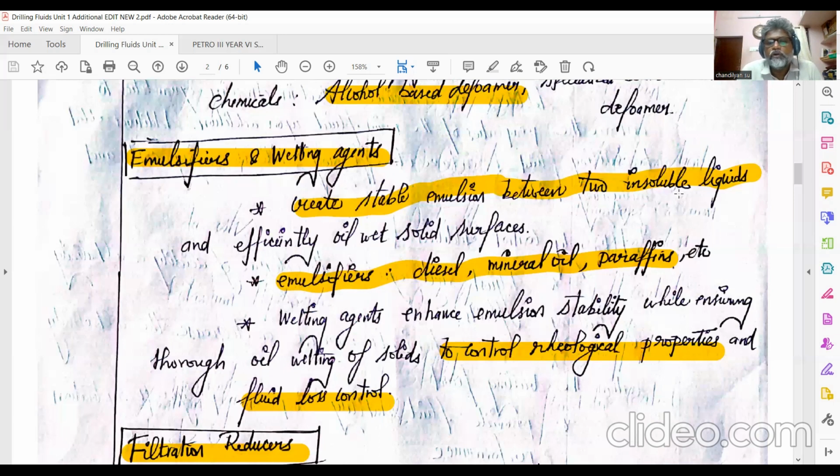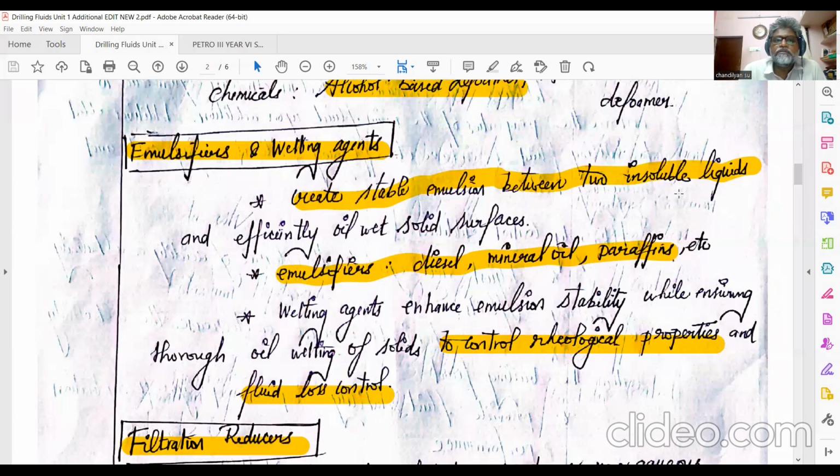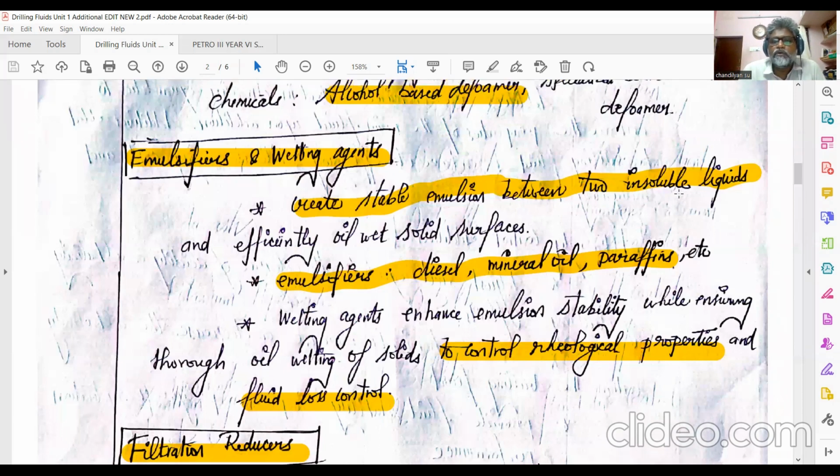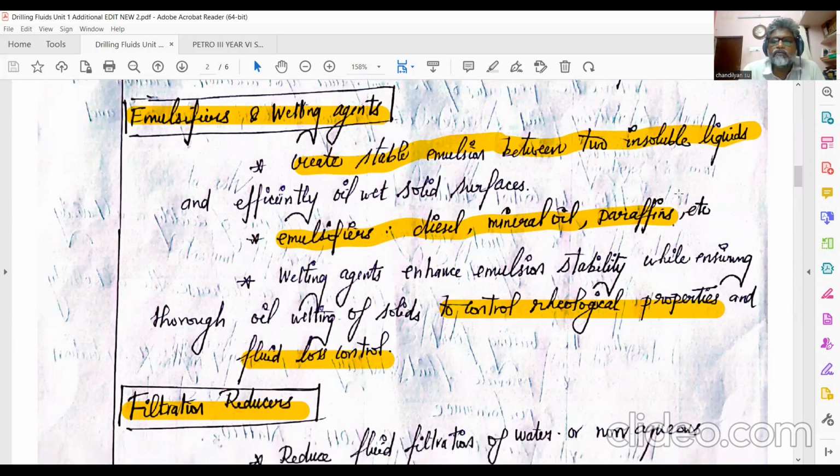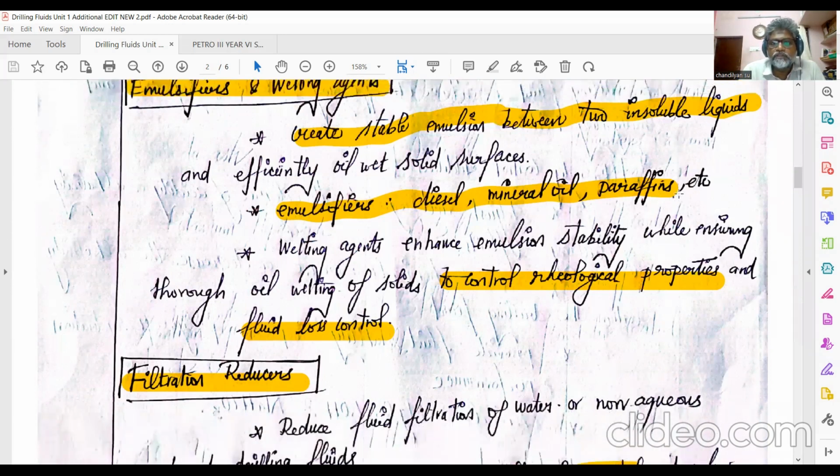So it's just to control the rheological properties and fluid loss control. Do not assume that emulsifiers and wetting agents will only work on creating an emulsion, creating a wetting coat. Wettability is the ability of a fluid to spread and coat the surface. It's not only for that; despite doing the job of emulsion stability, it has to take care of rheological properties and fluid loss control.